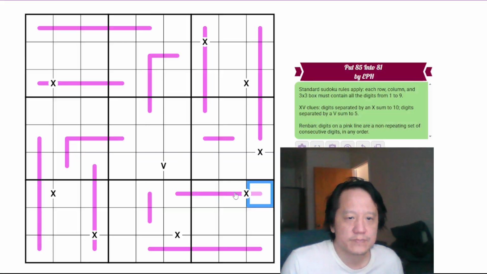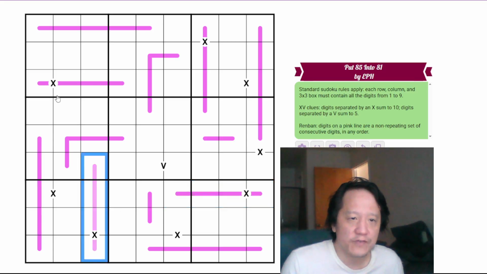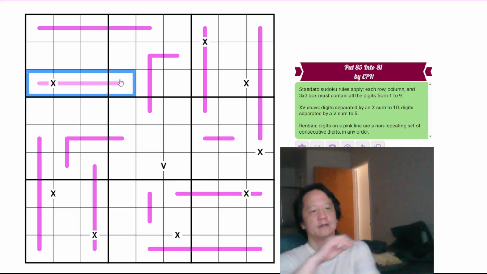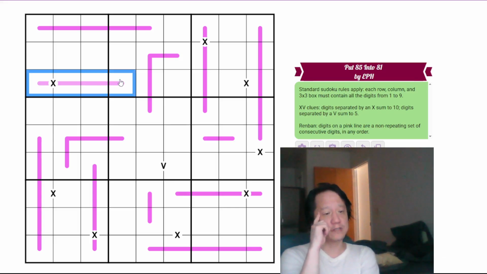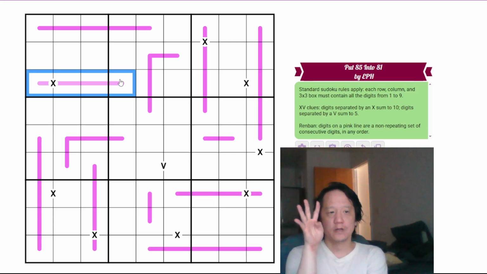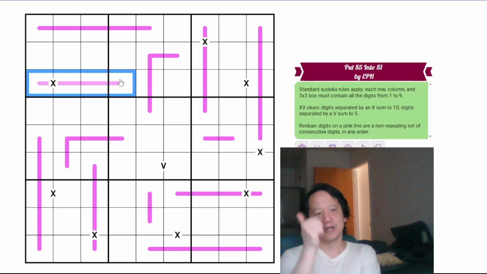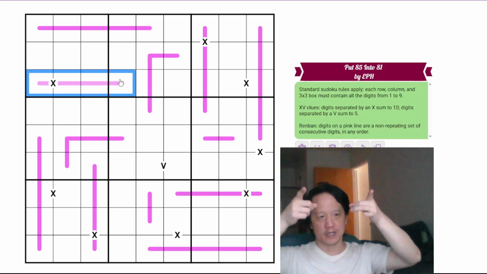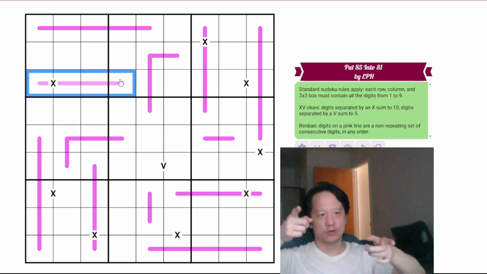Okay. These digits, which have an X between them, are also on a renban line, which means they must be a set of digits which are consecutive, with 4 digits total. 1 and 9 doesn't work. You can't have a set of 4 consecutive digits including 1 and 9. 2 and 8 doesn't work.